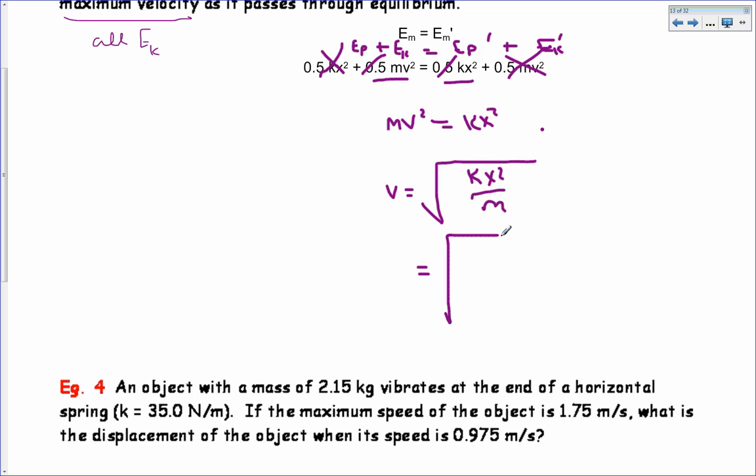So square root of 128 Newton meters times the maximum displacement, which is 29 centimeters, so 0.29 meters, and don't forget that that's squared, and divided by the mass, which was 12.5 kilograms.